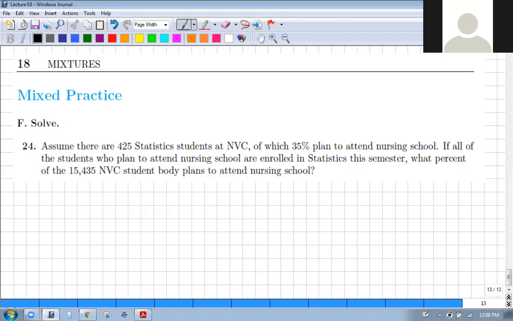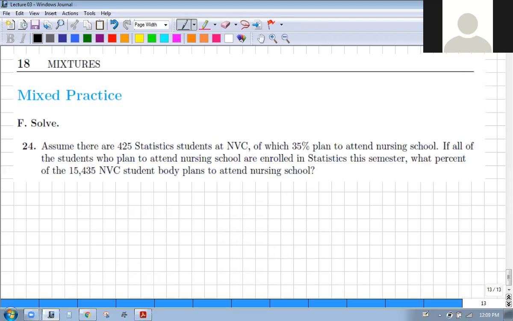But anyone that's going to be a nurse is in stats. And 35% of the 425 will be nurses. So what percent of the total?